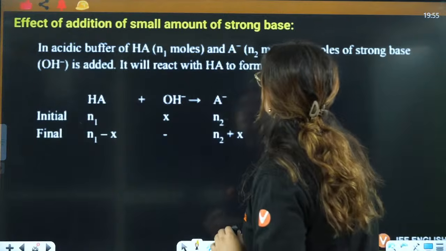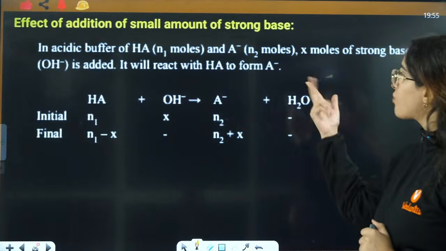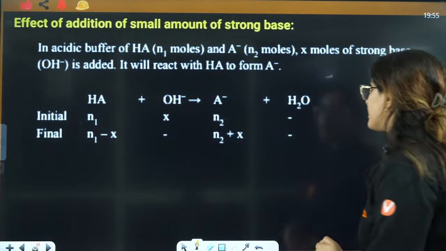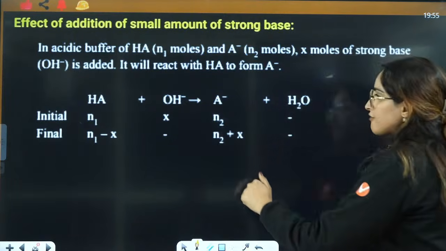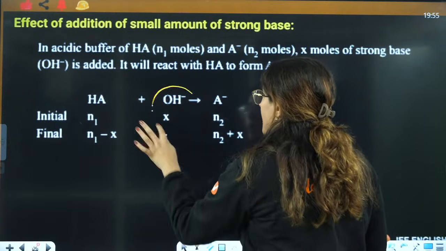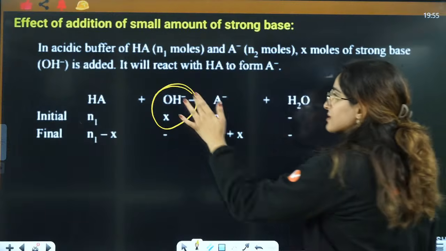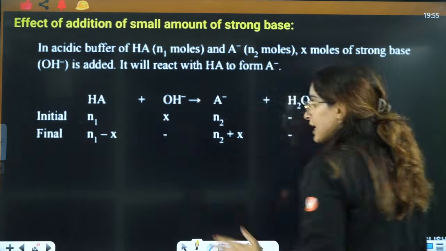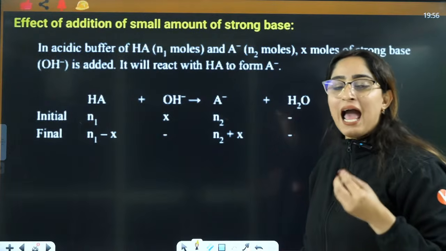Now if I look at the addition of a small amount of base, same thing is there, right? So you have n1 amount of this, n2 amount of this, and you have added base. Base is going to do what? Base is going to react with the HA that you have here, that is the acid.